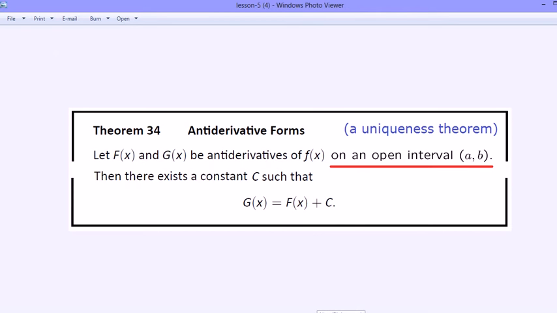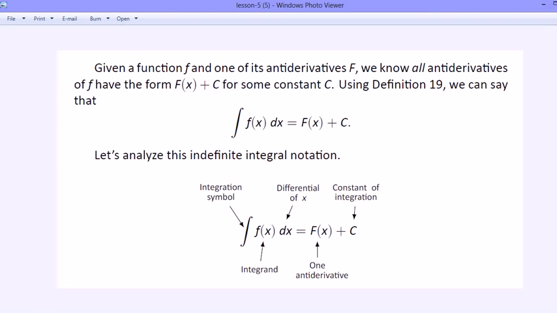Because of that, the meaning of the symbol is the set of all antiderivatives, right? This theorem allows you to state that this antiderivative is f of x, the one thing you found, plus c all the time. No matter who found it, it is just a difference of a constant.